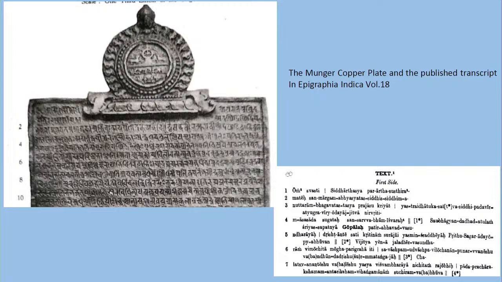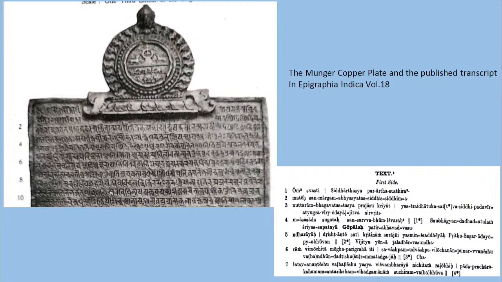Can you identify any? See, this is Sa, Sa, and then there is Ka. So, if we try, we can identify some of the aksharas, but not all.